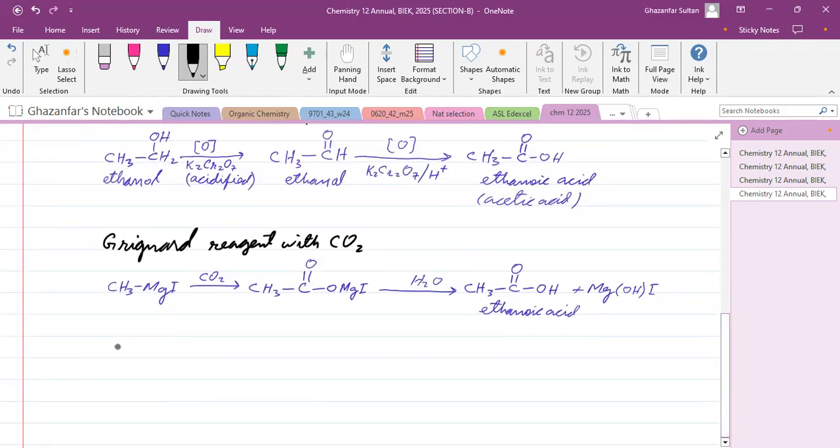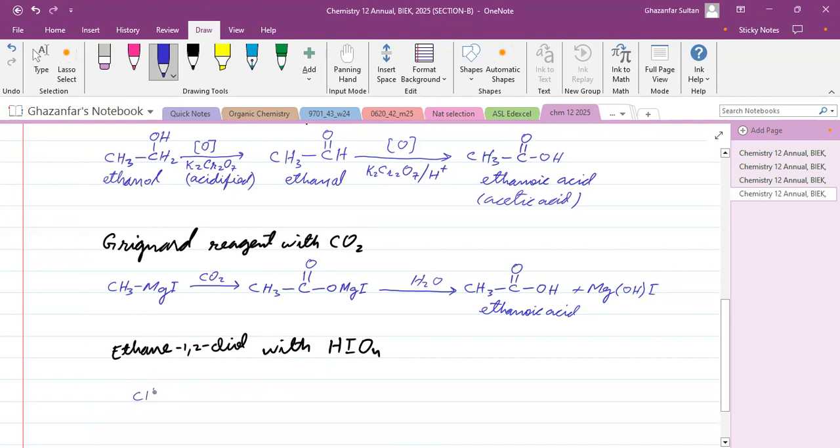So the reaction heading is ethanediol, and better to write ethane 1,2-diol, with periodic acid, and the formula of periodic acid is HIO4. So what happens? First draw the ethane 1,2-diol.